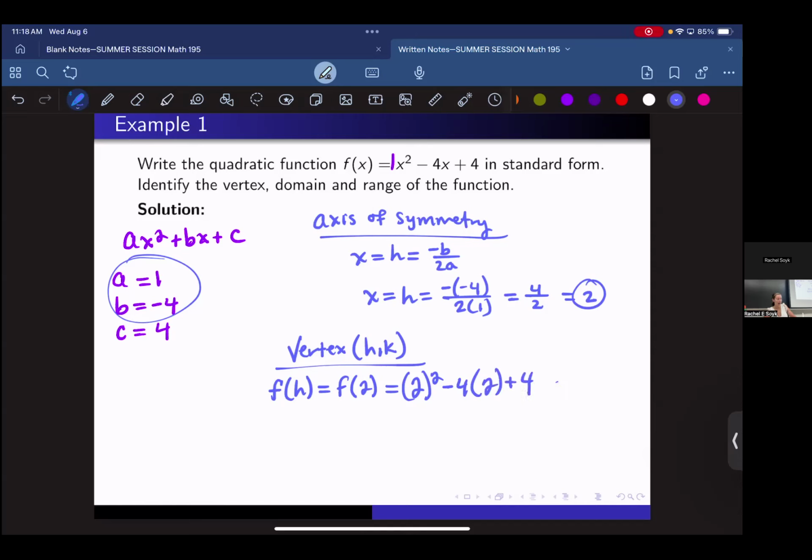And when we solve that, that will give us our y coordinate, our k value. So we have 4 minus 8 plus 4, which ends up just giving us 0. So our k is 0. Therefore, our vertex is just 2, 0.